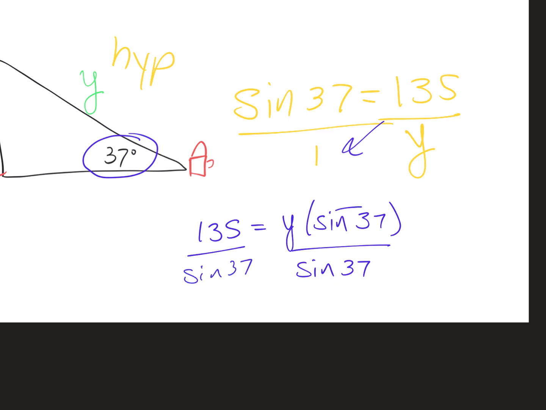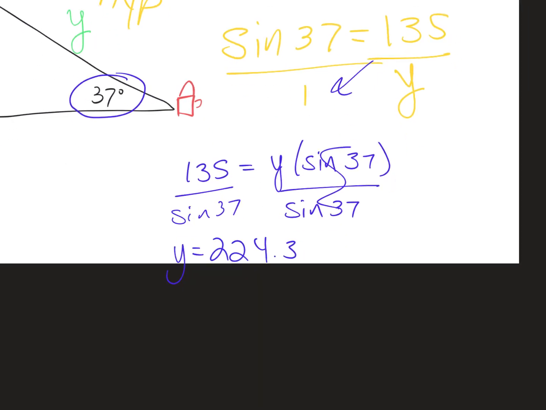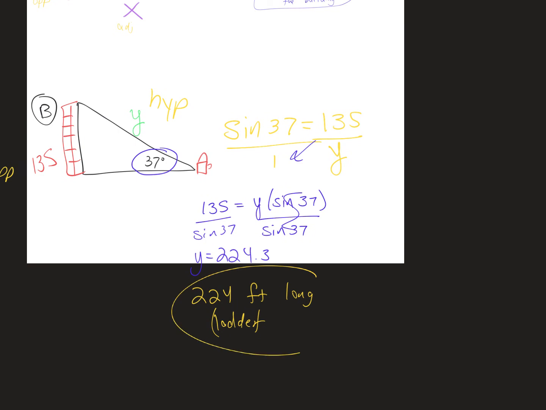And what do I get? 224.3. So in this case, when I answer the second question I asked, how long does the ladder have to be? The ladder would have to be about 224 feet long. This is our ladder if it was helping somebody at the top of the building.